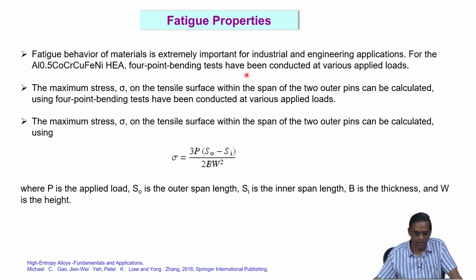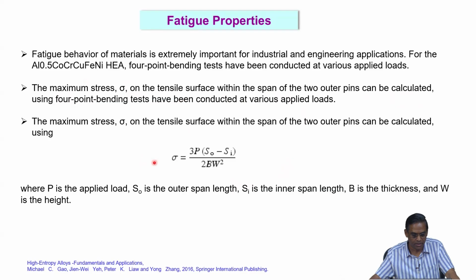These fatigue properties are evaluated by a 4-point bending test in this case. So, this is the basic idea: the maximum stress on the tensile surface with the span of two outer spans. This is the geometry by which you do the 4-point bending. It is conventional, standard testing.